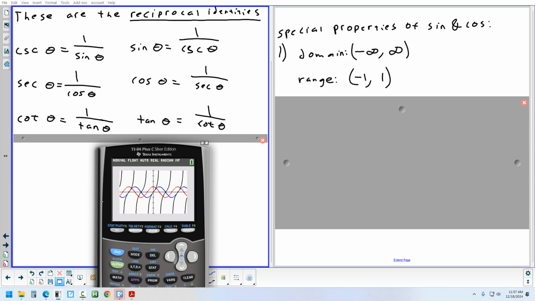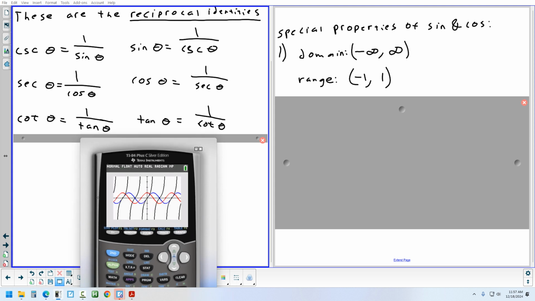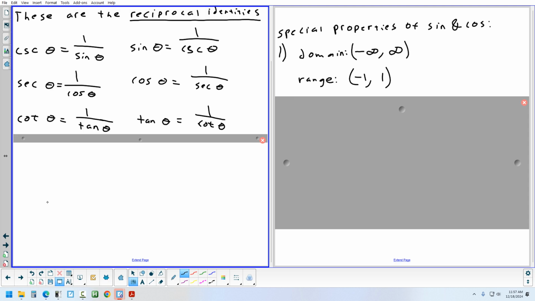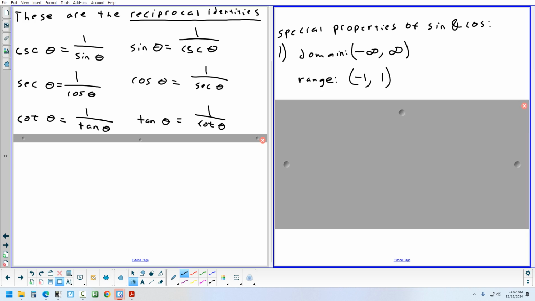None of those other 4 are nice waves. Sine and cosine are the only 2. Okay. Any questions on that? All right. So we're not getting into that a lot right now, but that'll be something we do a lot more later on.